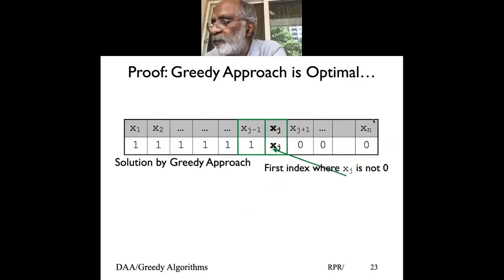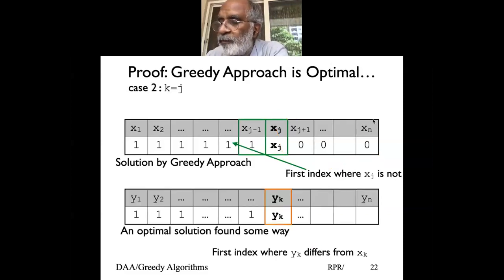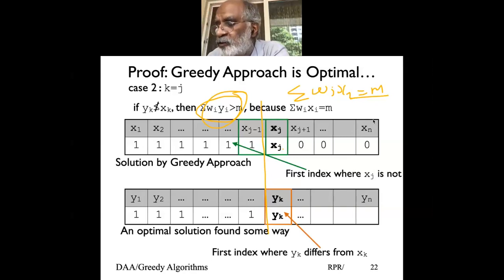Because if yk is greater than xk, then because y is a fraction weight, this will become more than 1, because we are saying sigma wi xi is equal to m, and till this point in time we are all the same, and my xj happens to be less than yk, which gives me more than m, which is not feasible because of maximum capacity, the solution cannot exist. That means yk has to be less than xk.